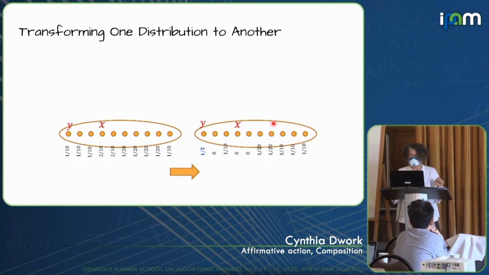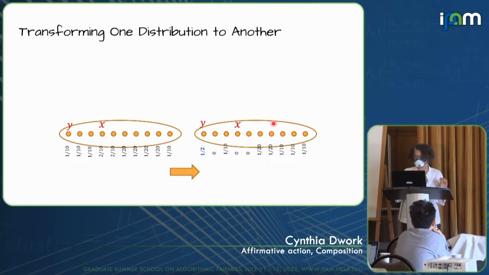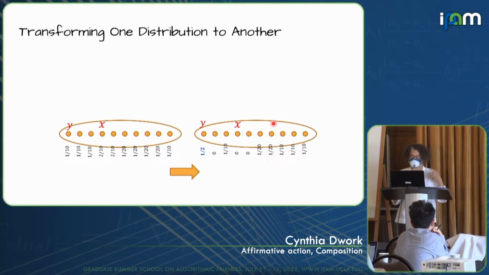Okay, so we're going to need a new notion of distance between distributions. And some of you will be familiar with this. So here I have distributions on the same set of elements.